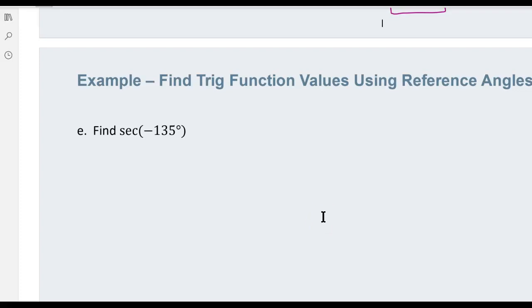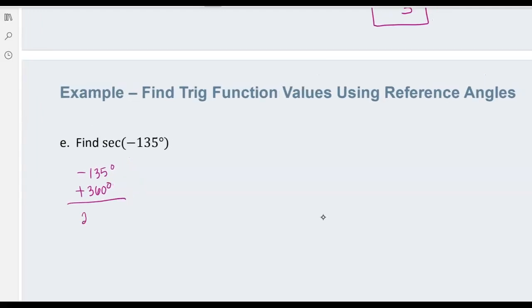Secant of negative 135 degrees. We'll first make this positive by adding 360 degrees. 225. And then we'll figure out where that is. I think that's going to be over here.